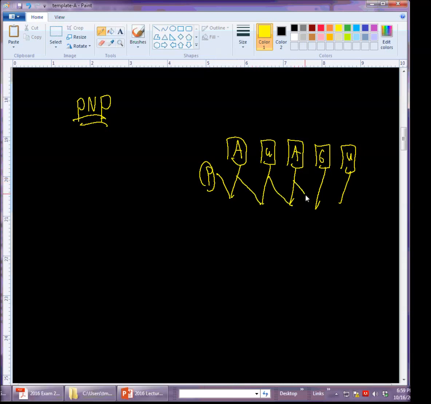So the sticks here are the 5 carbon sugars. These are the phosphodiester linkages. And I'll end this with an OH at the 3' carbon here, and there's a phosphate attached to the 5' carbon here. So here's an RNA molecule floating around in a cell.